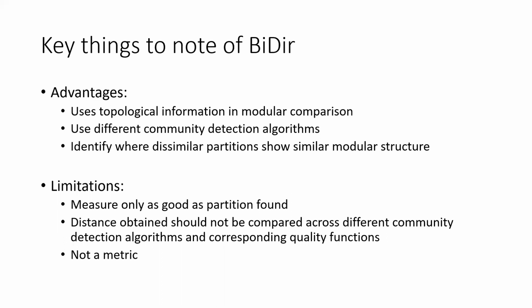Also, the distance obtained should not be compared across different community detection algorithms and their corresponding quality functions. So we can't compare the value obtained when we use modularity in our framework and then use, for example, stability. And finally, our measure is not a metric as it does not hold to the triangular inequality.